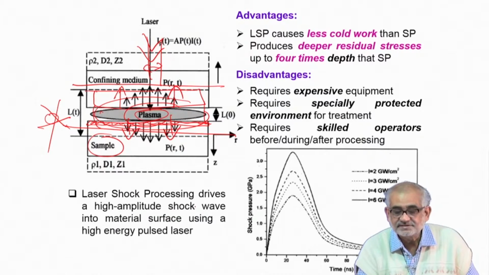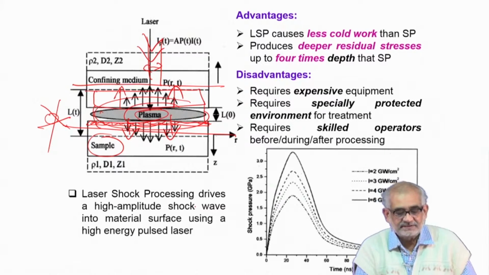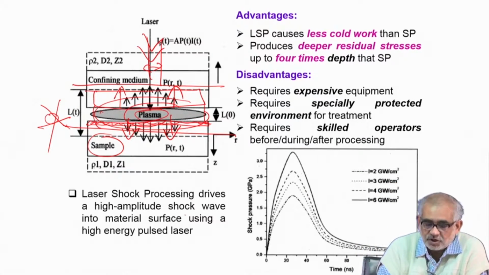So the effect is felt over a wider surface area, and the amplitude of the shock wave that we generate is much more intense because of the high energy pulsed laser.